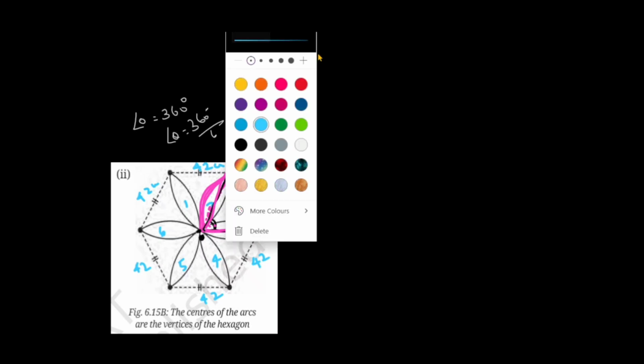If we are dividing, we can divide into 6 parts. The total angle 360 divided by 6, each angle is 60 degree. This is 60.